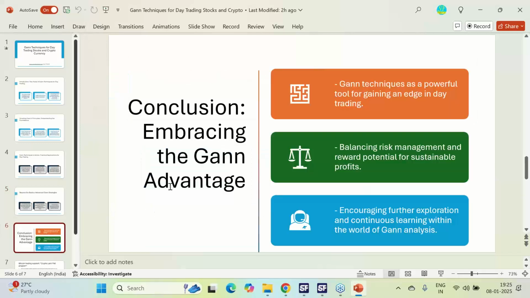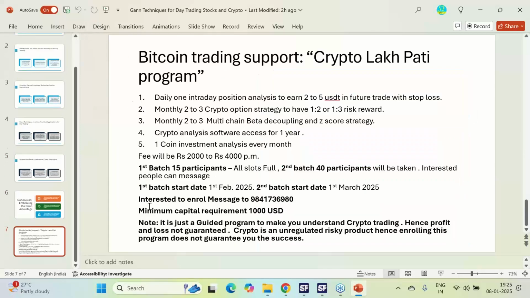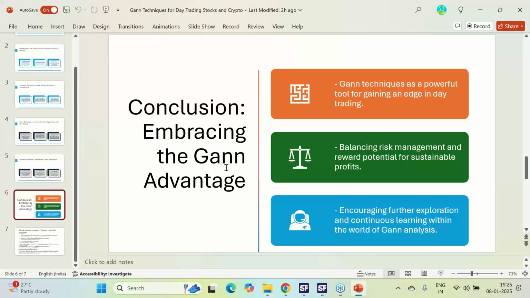Now coming to my concluding remarks about the Gann. Here what we have understood is that the Gann technique is a very powerful tool for day trading, provided you use it properly.